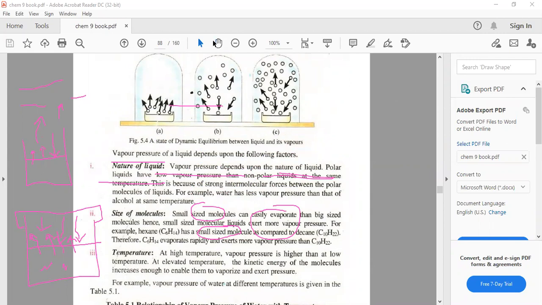First is the nature of the liquid. Vapor pressure basically depends upon the nature of the liquid.